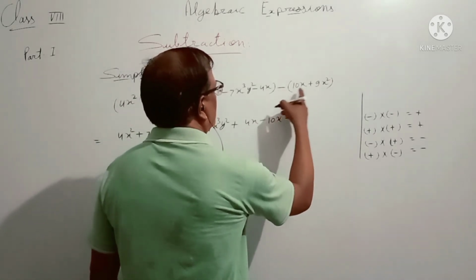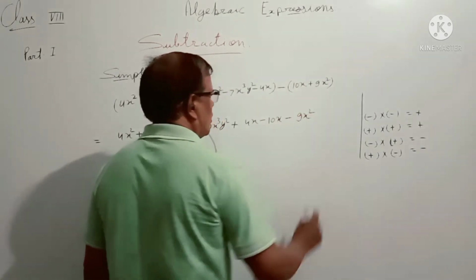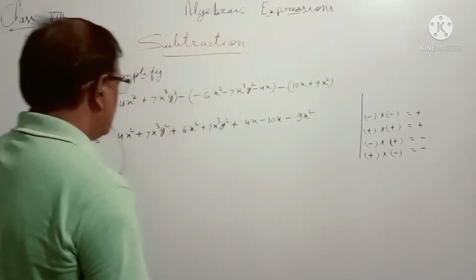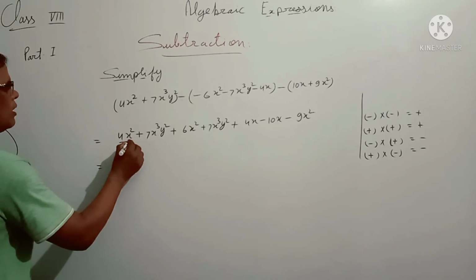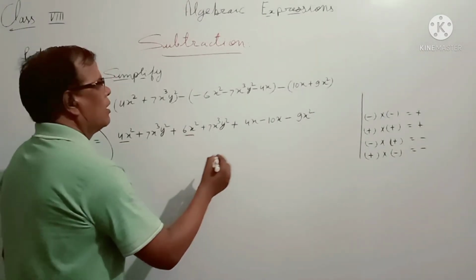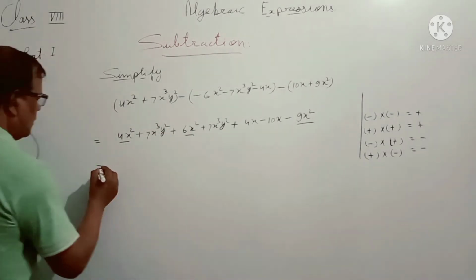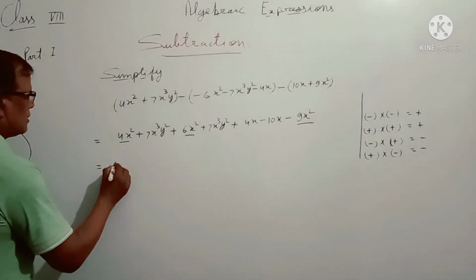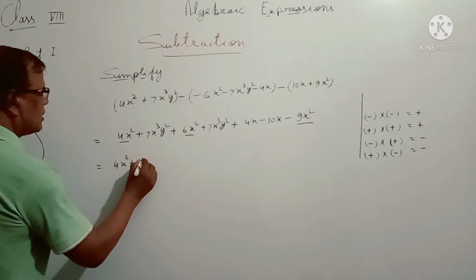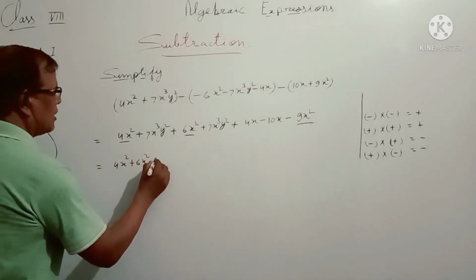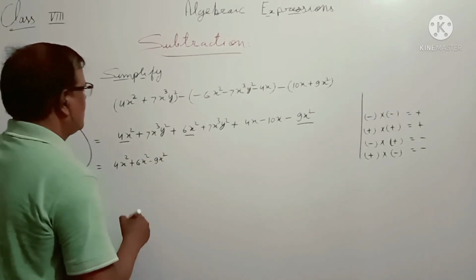It will also be minus into plus, minus 9x square. Now we arrange the like terms: x square, it is also x square, it is also x square. So we write them nearest as 4x square plus 6x square minus 9x square. This way we have arranged the like terms.